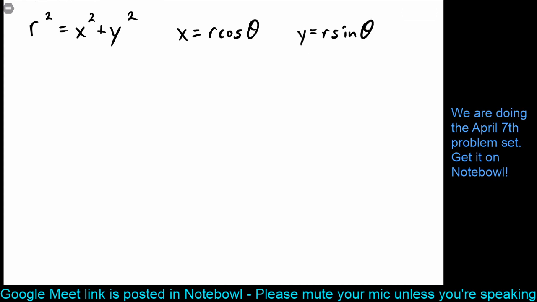Right, these are going to be the key things we're going to need. But we also have that equation, tangent of theta is y over x. This sometimes comes up. Sometimes it's convenient to use, but it depends on the situation. Anyway, so we'll start with this and see where we go.